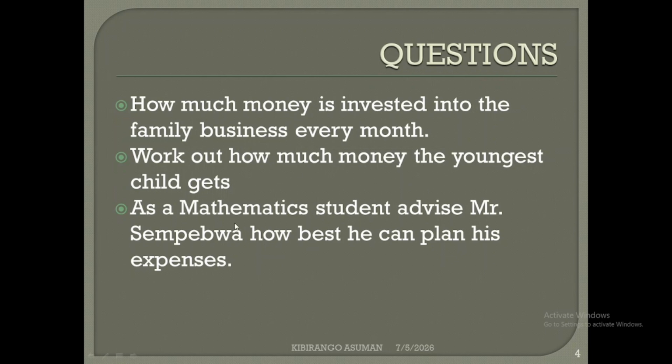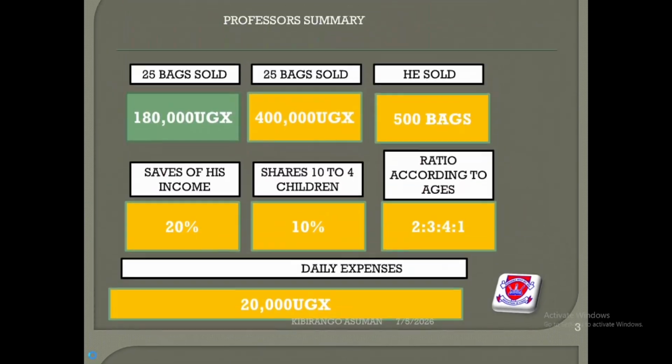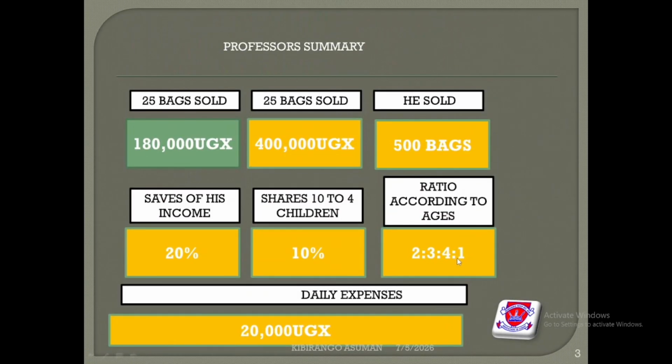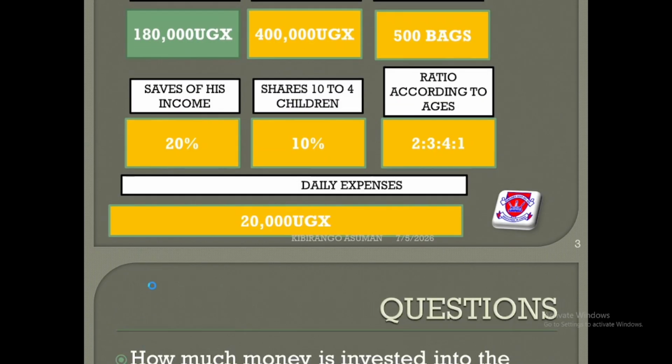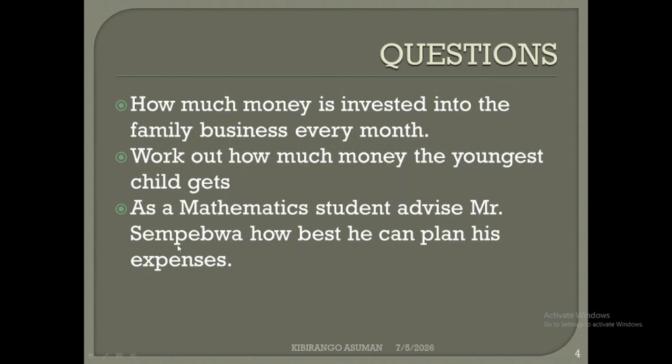Remember, we have the ratio of 2 to 3 to 4 to 1, so we need to find the money the youngest child gets. And as mathematics students, advise Mr. Sempebwa how best he can plan his expenses. So let's begin and see how we can answer this scenario step by step.